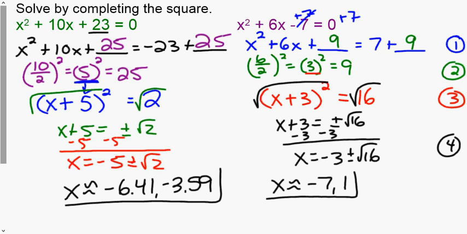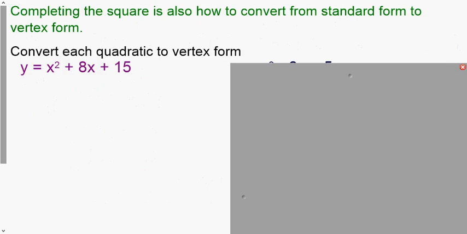We will go through a few of these in class, but we are going to move on to the last slide here. Completing the square is also how to convert from standard form to vertex form. So in chapter 7, we talked about graphing, and when we talked about vertex form, we talked about how you multiply the equation out to get it to standard form.